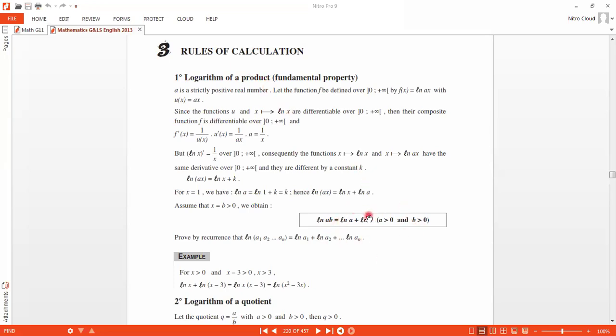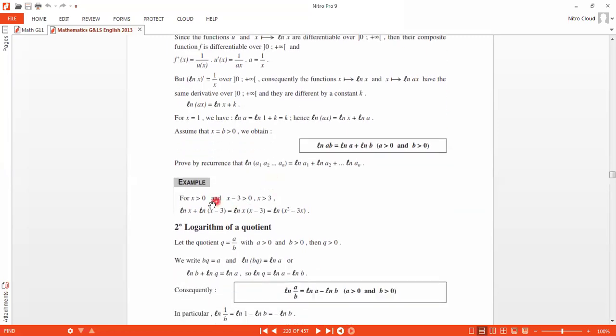Also, if we have ln A plus ln B, we can join them in one ln and they become a product. So let us take an example. Here we have ln x plus ln (x minus 3). So this is ln A plus ln B, and we can join them into one ln.